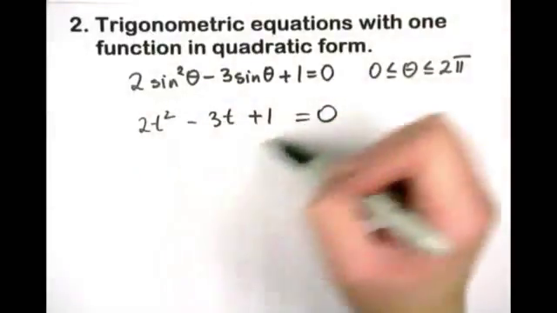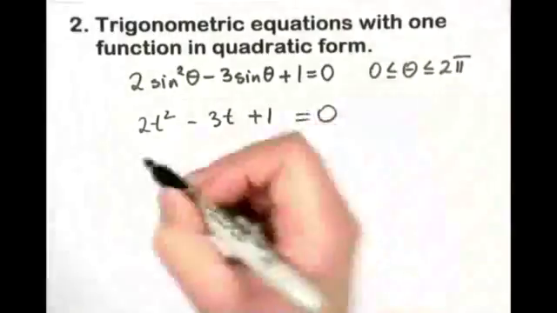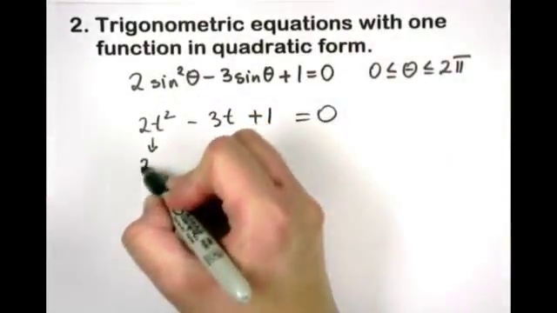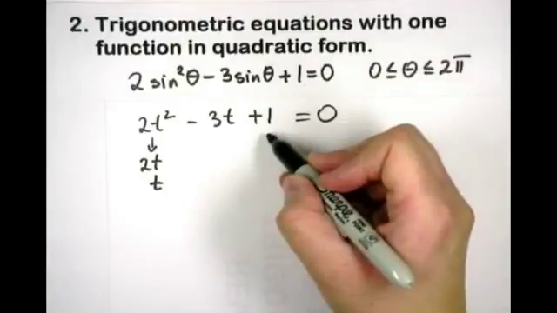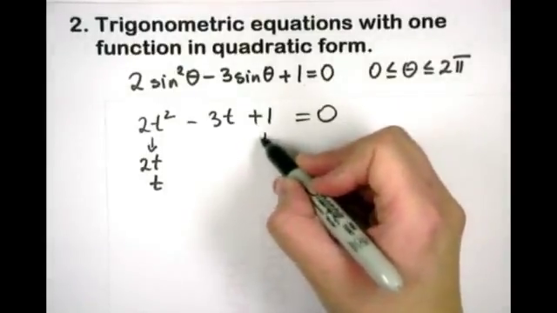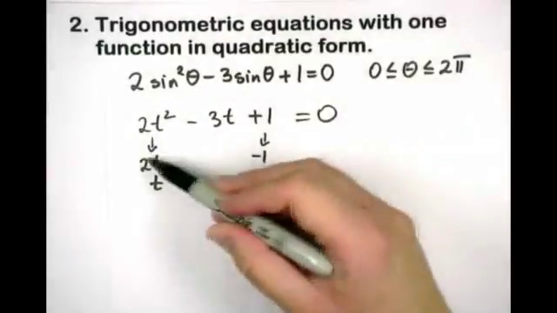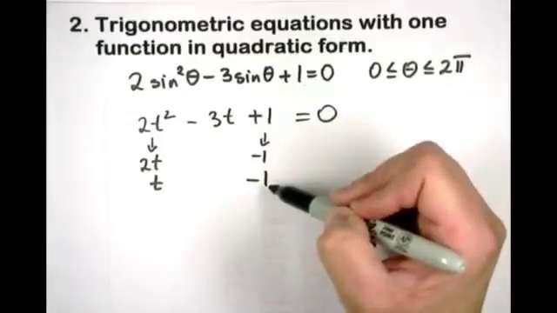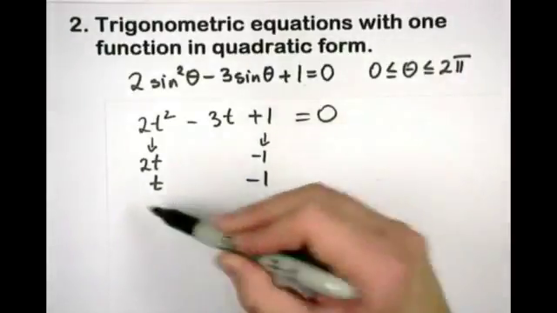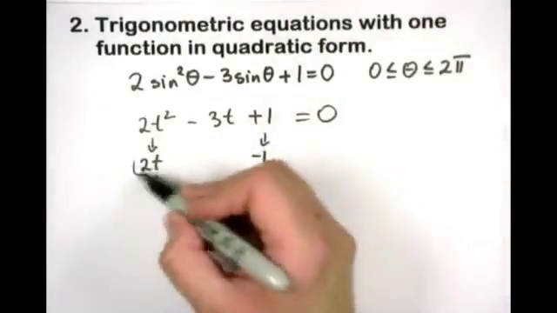Then this is a quadratic equation. We need to factor that quadratic equation. So this one can be factored 2t and t, and this can be factored minus 1 and minus 1, or 1 and 1, but when I cross multiply, I need to have the middle term. When I cross multiply, I'm getting minus 2t, and minus t gives me minus 3t. So my factorization is right.